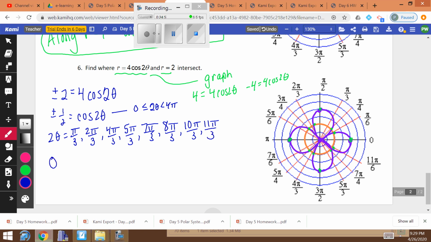When we solve for theta, I'm going to write it in here already. We're going to have theta is pi over 6. That ends up reducing to pi over 3. And then here we get 2 pi over 3.